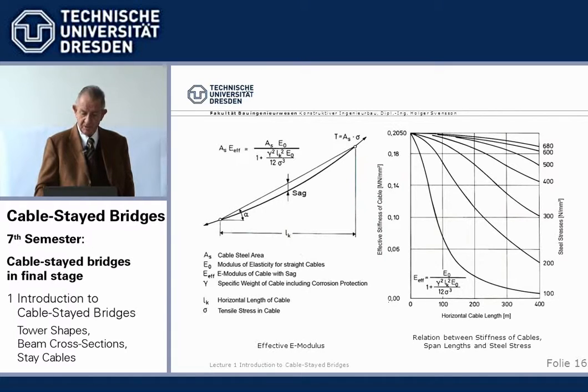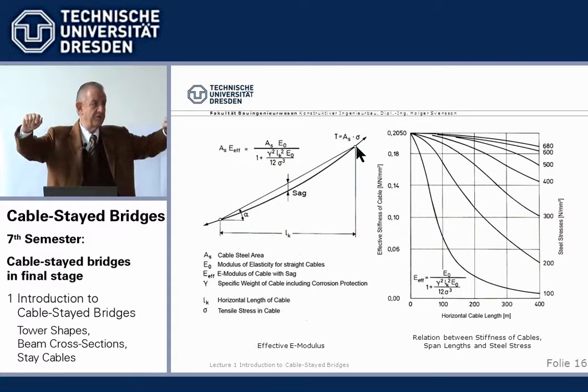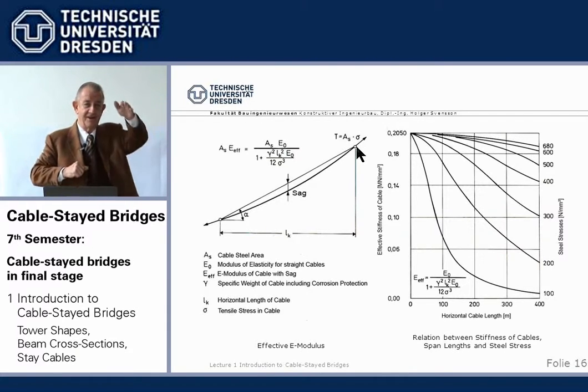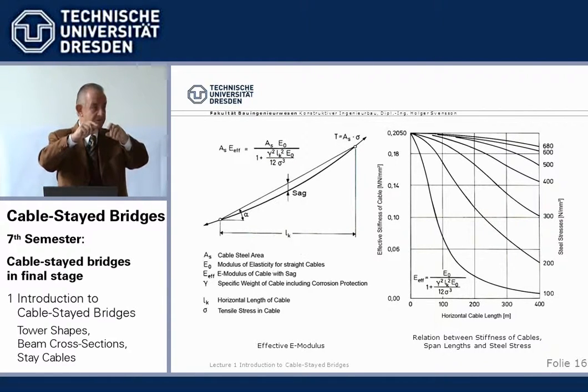But we have one additional effect to consider, and that is if we span a cable between 2 points, or if you use a clothesline to hang up your washing, there is a sag in the cable. And now, by pulling at the cable, the sag is reduced.